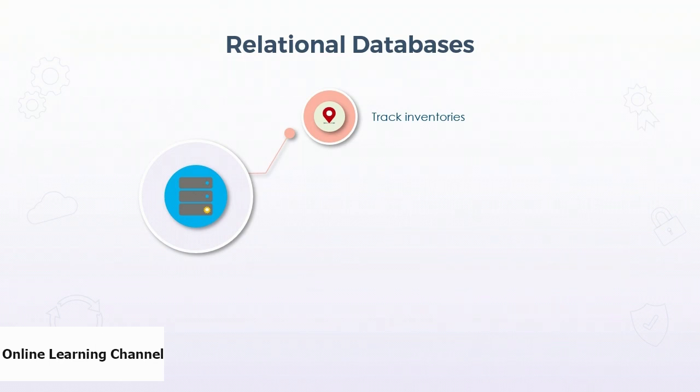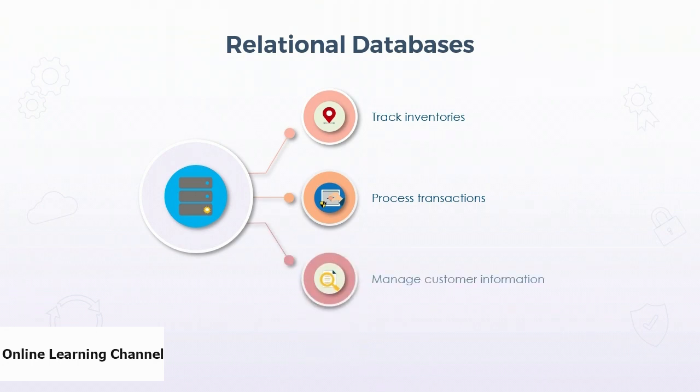A few examples of applications that use relational databases are applications for tracking inventories, since inventory items have set attributes and well-understood relations to one another. Process transactions, again because the attributes are well known and relational databases are excellent at consistency in data. And managing customer information, since each customer can easily be represented as a row in a table.